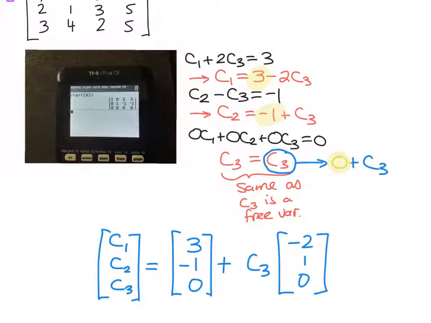And then you could actually just verify that this is equivalent to that, because I can just run through. C1 equals 3 plus C3 times -2, or C1 equals 3 minus 2 C3. All right? C2 equals -1 plus C3, boom. And then C3 equals, everything zeroes out there.